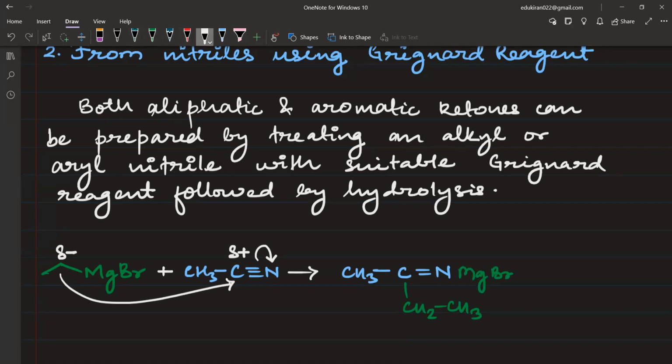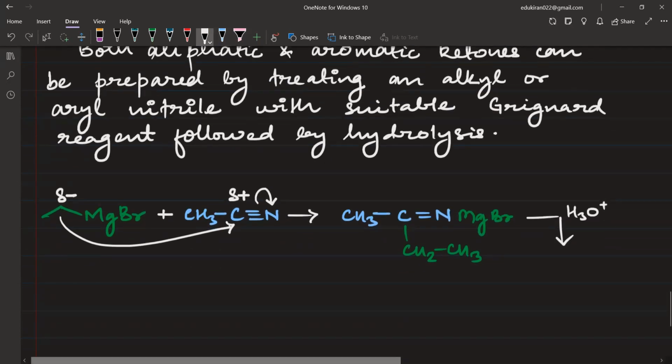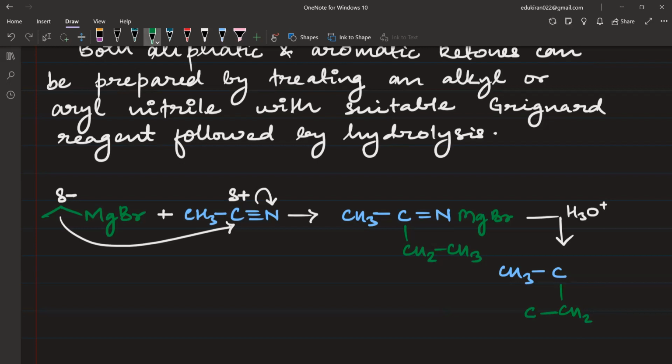Now, after hydrolysis, this nitrogen is going to be displaced by this oxygen atom, and you are going to get CH3 carbon, and below you have CH2, which is bonded to CH3, and here you have double bond O. Okay, so see, these two carbon atoms are coming from the nitrile.